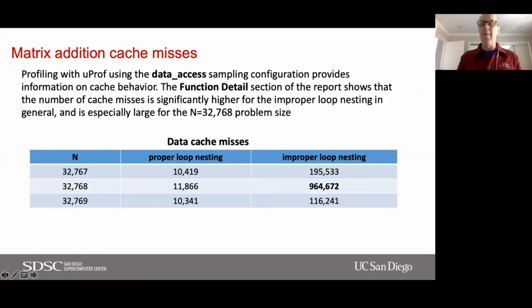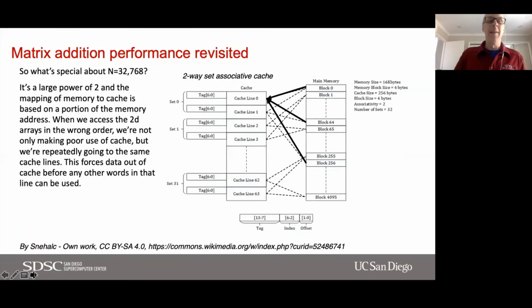But the mystery is still, what's special about 32,768? Many of you probably recognize that it is a large power of 2. And this gets back to the way that memory is mapped to cache. The algorithms will use a portion of the memory address to decide which cache line it goes to.